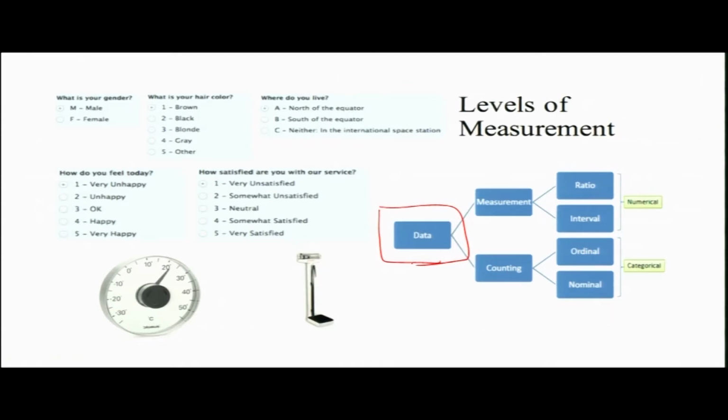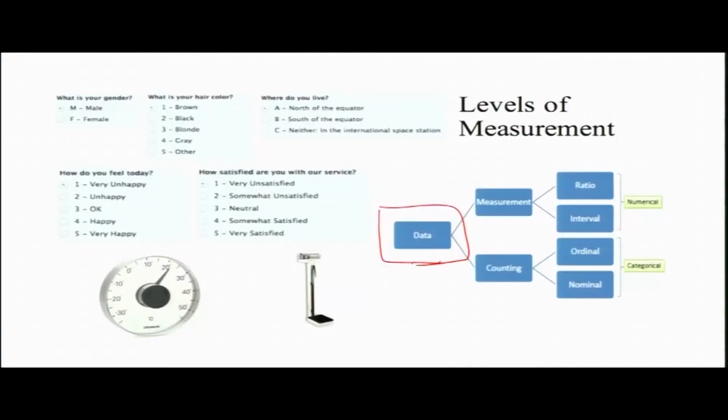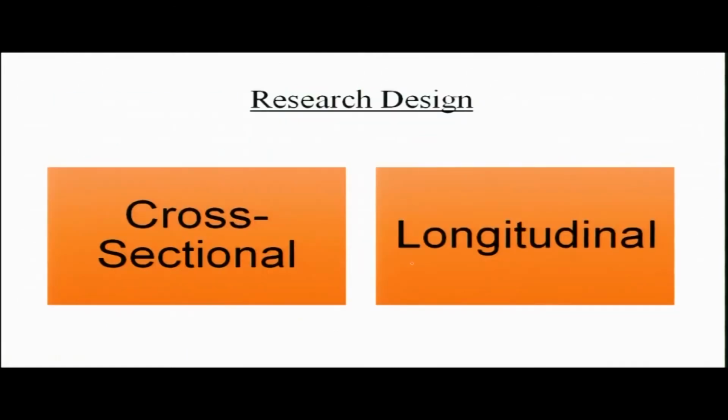The basic way of counting in that case is ordinal and nominal, which is categorical, and measuring it is ratio or interval, which is numerical. So again, this has to be carefully thought through when you are designing the research: what sort of data analysis do you want to do with the given set of data.